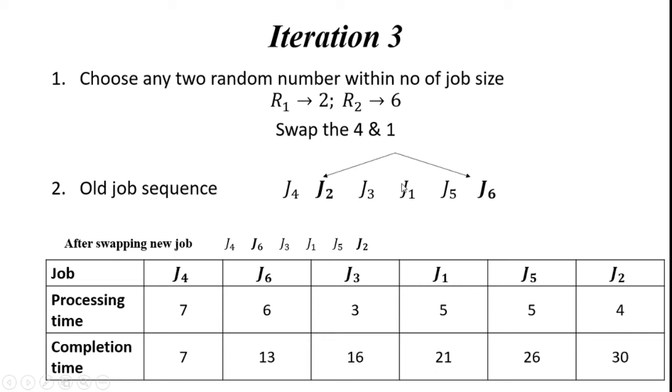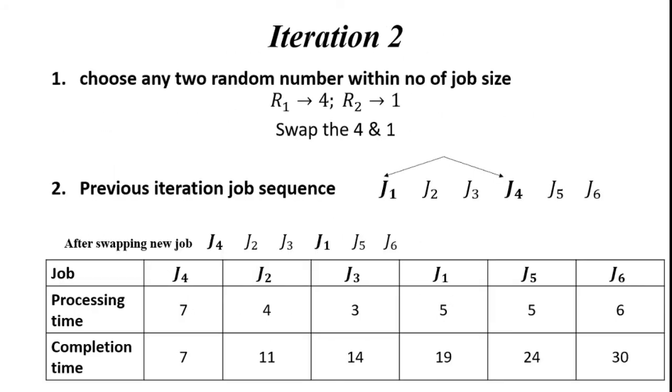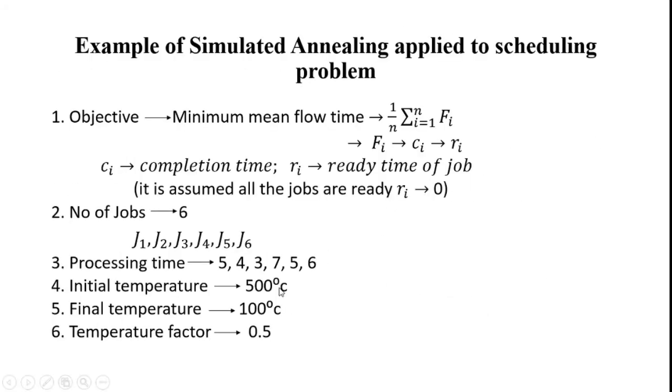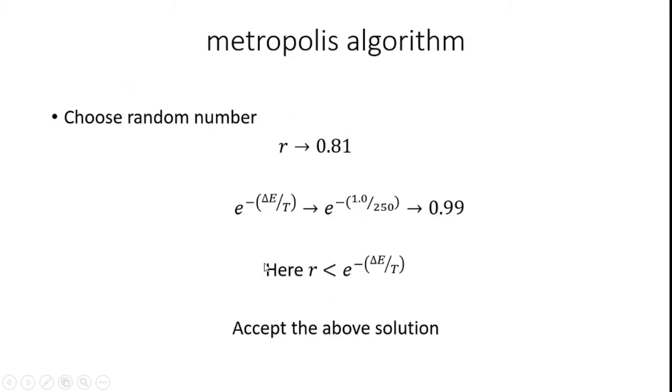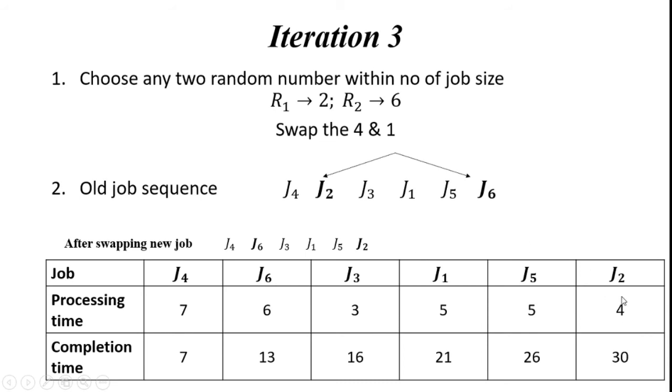Here I interchange J6 and J2. What is the processing time of J2? I collect the value from the problem. J2 is 4, so I substitute the J2 value with 4. So I get the new processing time sequence with respect to the swapped job sequence.